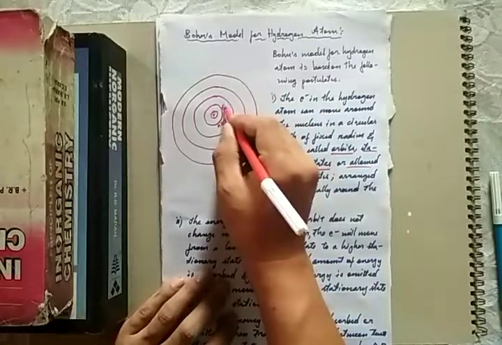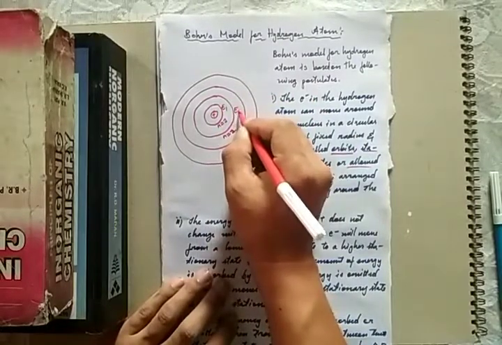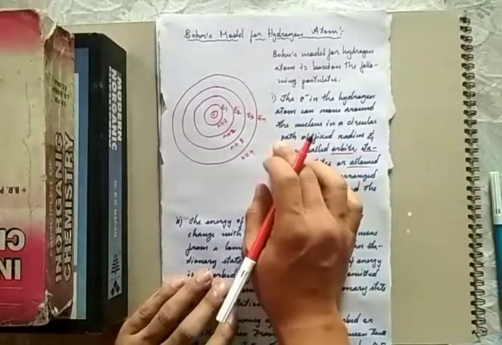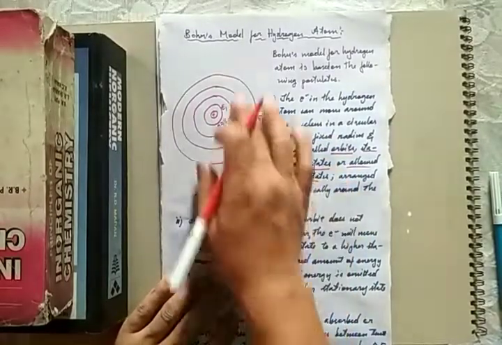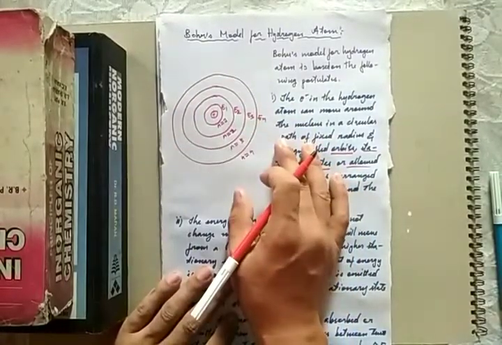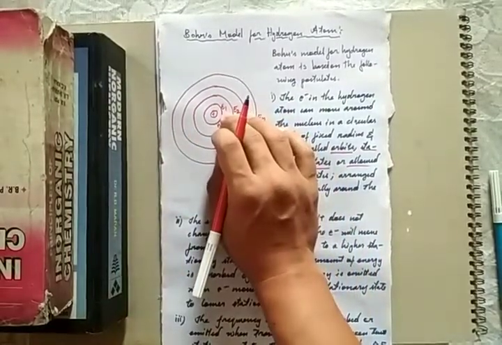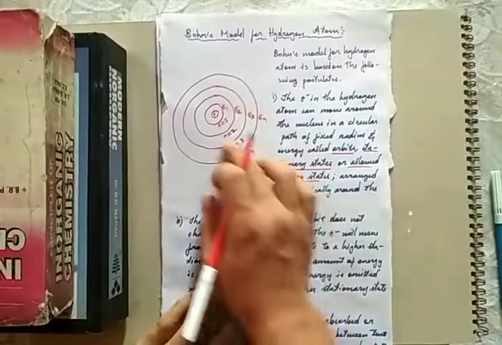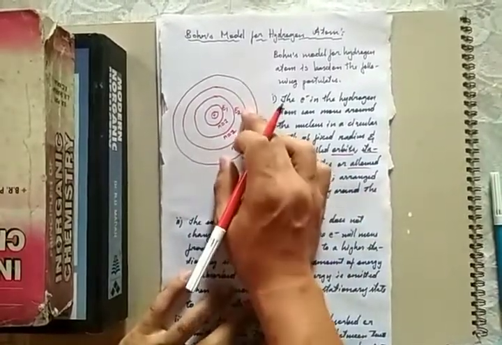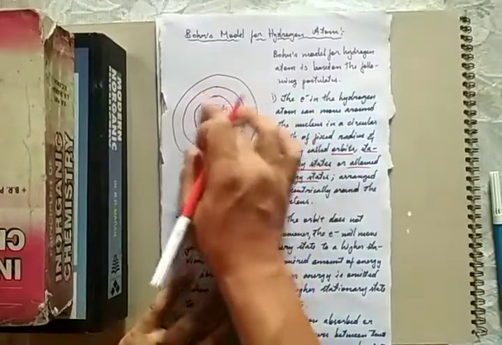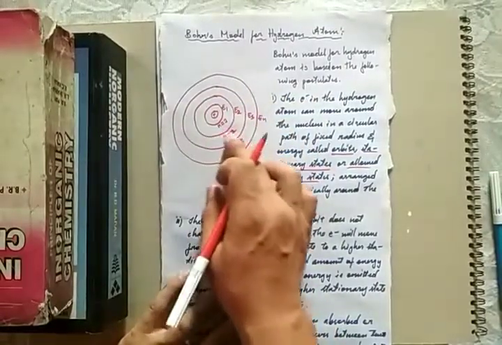Let us denote those energies E1, E2, E3 and E4. This is just for better understanding. So he was able to explain that these electrons are in a fixed circular orbit.